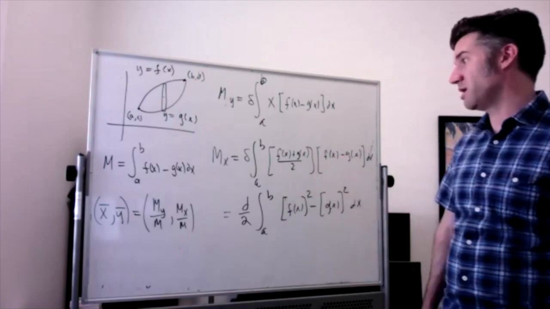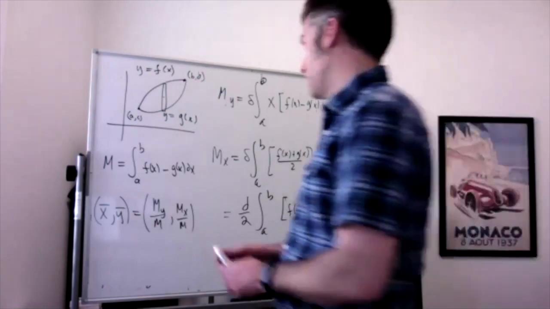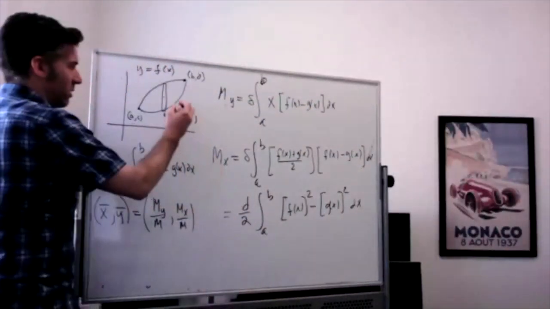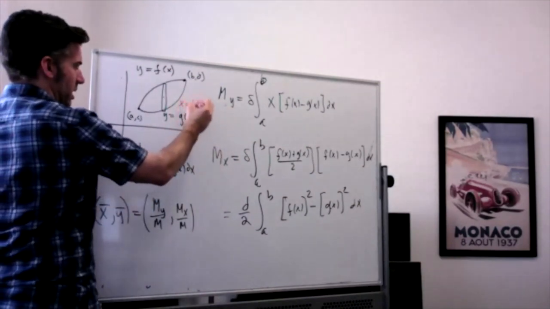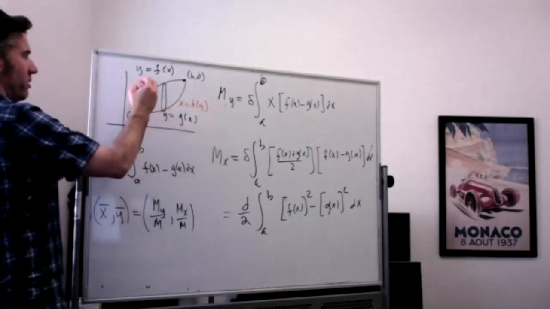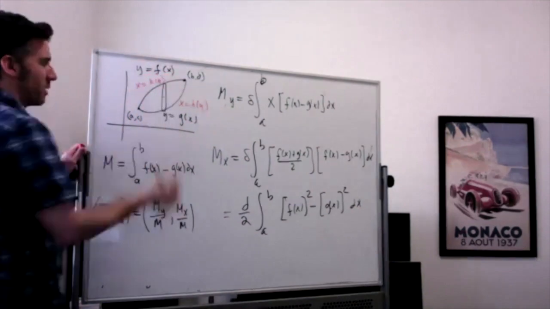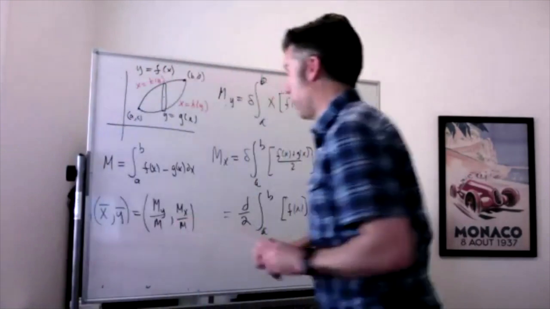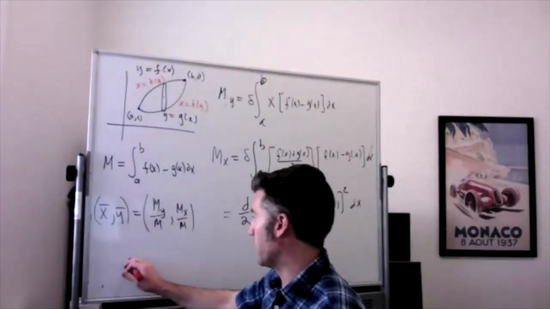Oh, the other thing I want to say is, if you do them in terms of y, so if we solve this for y, then x equals, I'm going to call it something else, like h of y. And over here, this function is x equal to k of y. Then you can write the moment around the x-axis very easily.